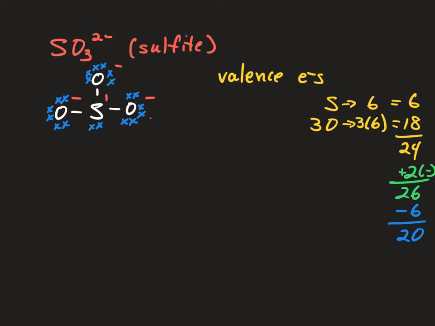The sulfur in the center has a positive formal charge, right? And so, if possible, we like to eliminate the formal charges. We can pick any of our oxygens, right? They're all equivalent. So we'll pick that one, right? So if we drop a pair of electrons in there, then we can redraw our structure.